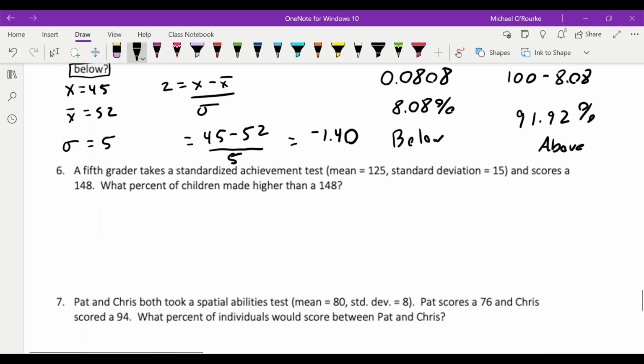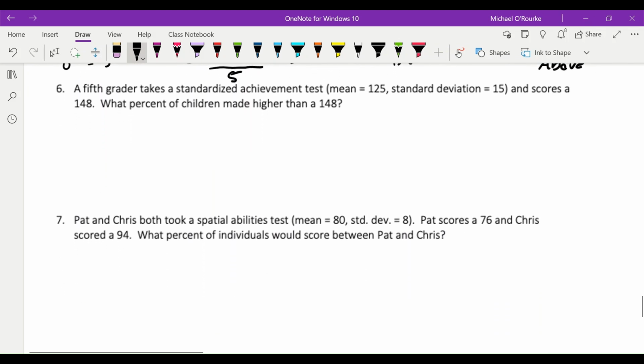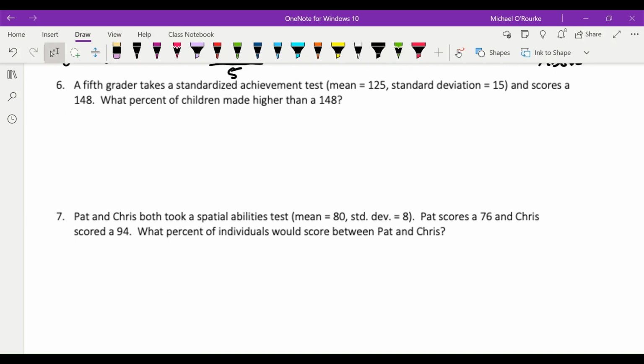So, next one here. A fifth grader takes a standardized test, which has a mean. So there's our mean. Here's our standard deviation. And scores a 148. So that's our x. What percent of children are higher than 148? So we go to our z-score of z equals x minus the mean divided by standard deviation.